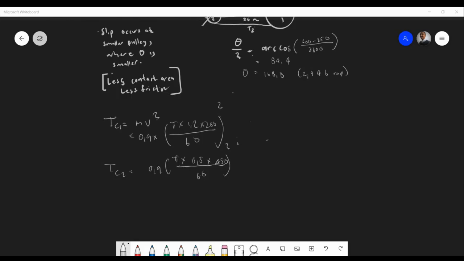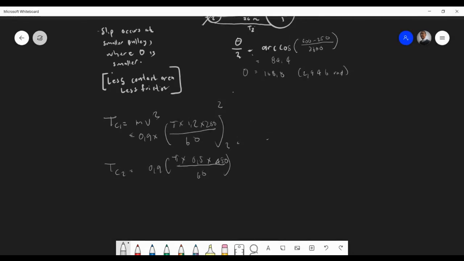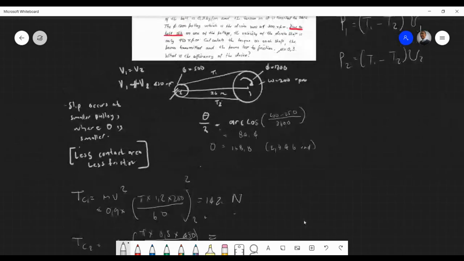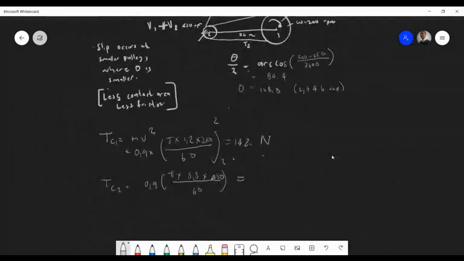So 142.1, right? And the second one, newtons. Can we even do that? Do we have enough information on the smaller side?